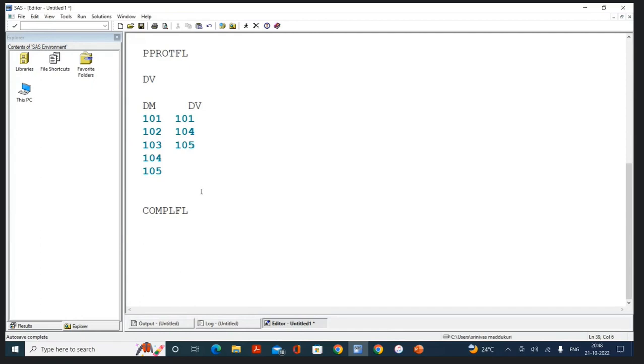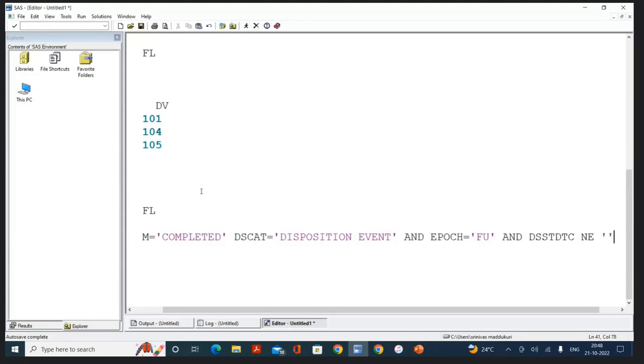Now I will type: in the DS data set, we are going to have DS term is equal to completed, and DS cat is equal to disposition event, and epoch is equal to follow-up, and DSSTDTC is not equal to missing value, then per protocol, COMPLFL is equal to Y.